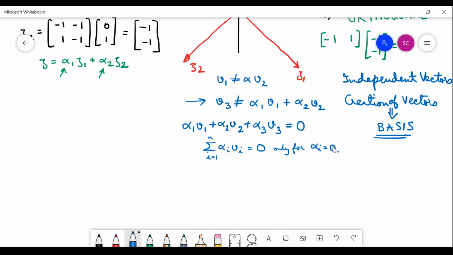Then only can you say that v1 to vn are an independent set of vectors. So this is the story about independent vectors.